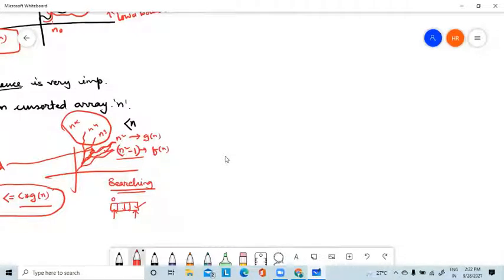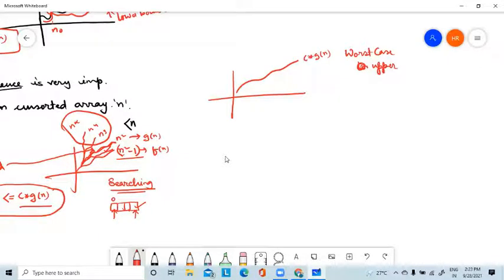In Big O notation, suppose this is the curve. This is C into Gn. And this is the worst case upper bound. Clear? Now, upper bound means the worst case minimum time.